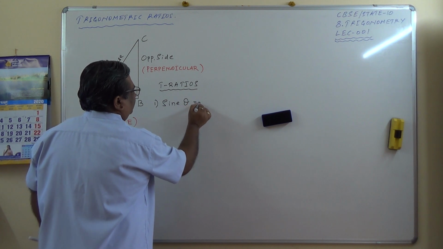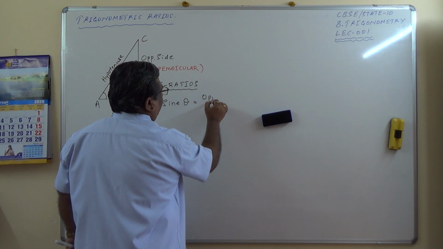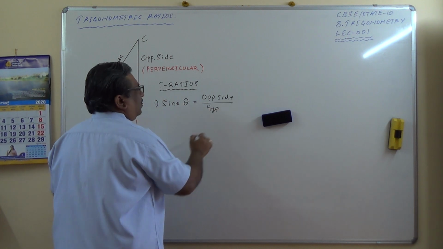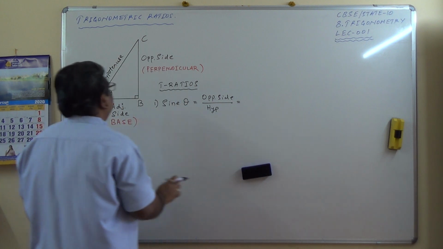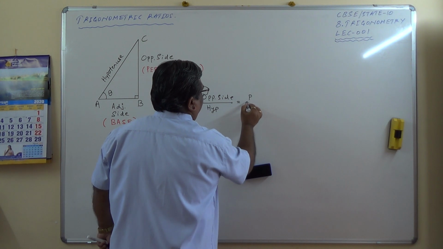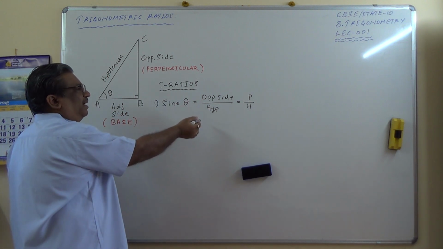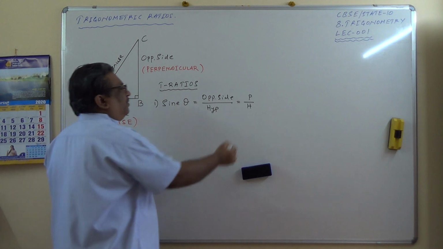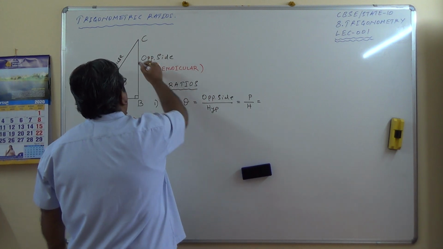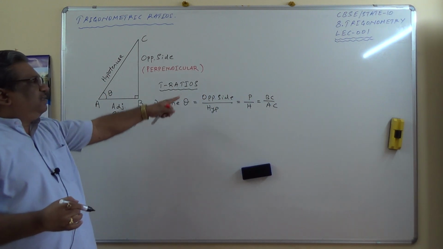Sine theta equals opposite side by hypotenuse, opposite side divided by hypotenuse, which is also perpendicular by hypotenuse, P by H. This is O by H, or opposite side by hypotenuse, which is nothing but perpendicular by hypotenuse, which equals BC by AC. So sine theta is BC by AC.